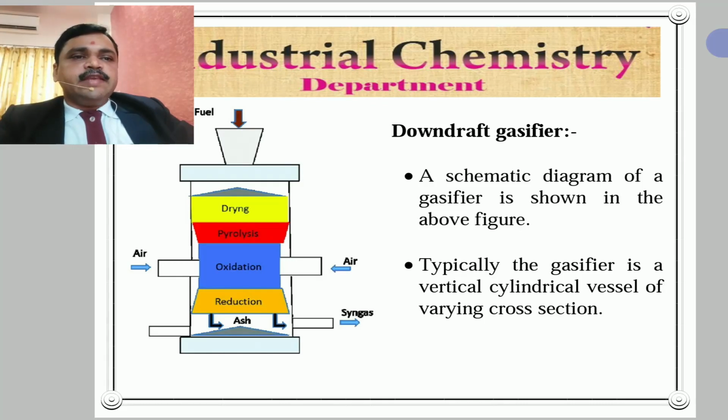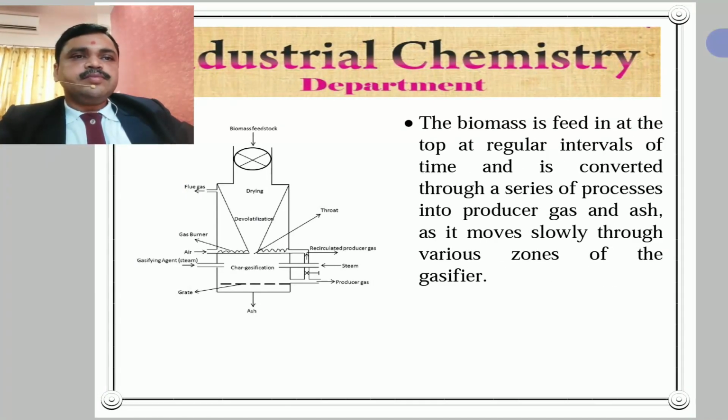Typically, the gasifier is a vertical cylindrical vessel of varying cross section. You can see the cross sections of the gasifier in this figure.